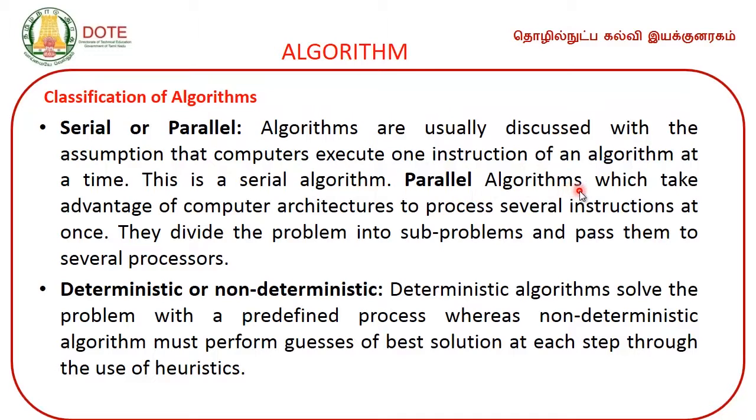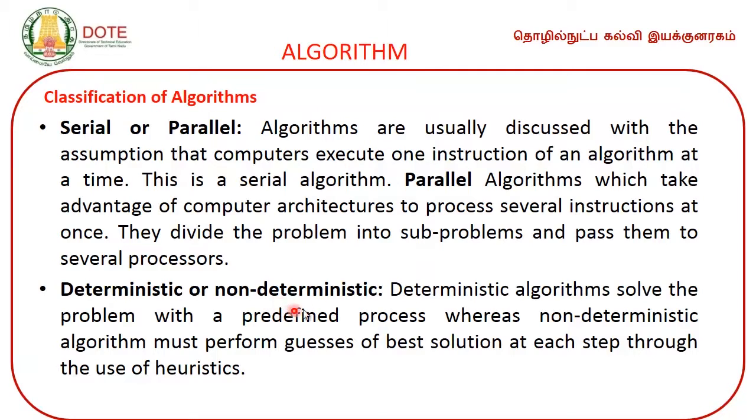Parallel algorithms take advantage of computer architecture to process several instructions at a time. They divide the problem into sub problems and pass them to several processes. Parallel algorithms can be implemented on parallel computers, where the problem can be divided into different sub modules which can be analyzed or executed in parallel.